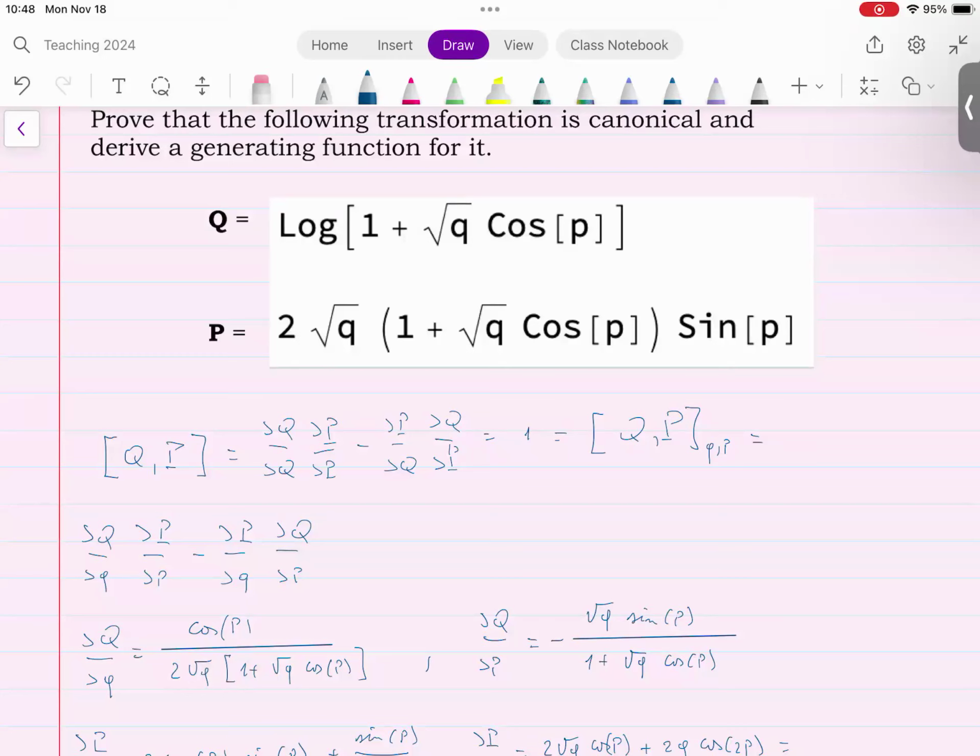But with the first one, we can extract, there is a square root of q, and there is a cosine of p. In general, dealing with the inverse trigonometric functions is not fun. Sometimes it happens. But the first equation is the one that looks more promising, and the one that's going to give us little q as a function of big Q. So that is what we're going to try to do. And let's see what we find.